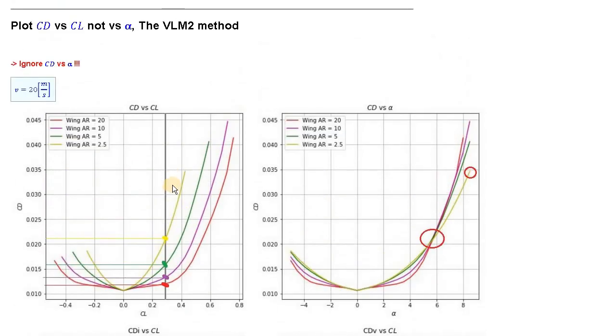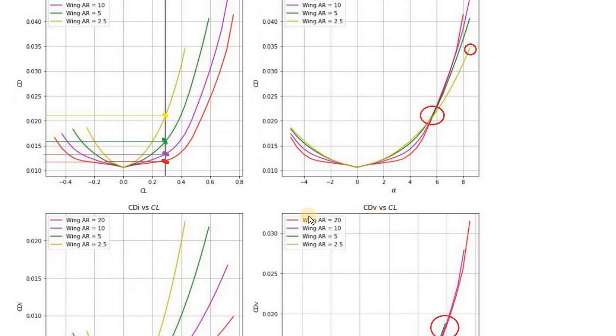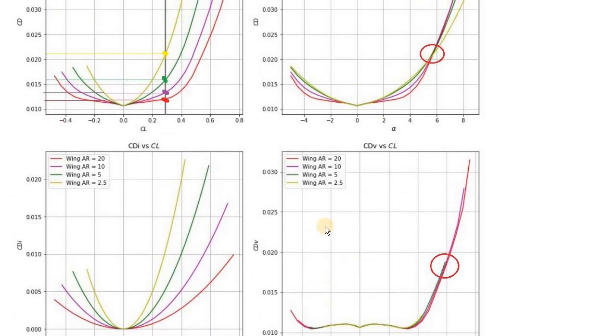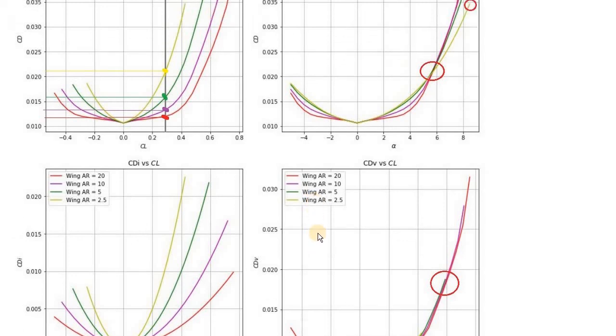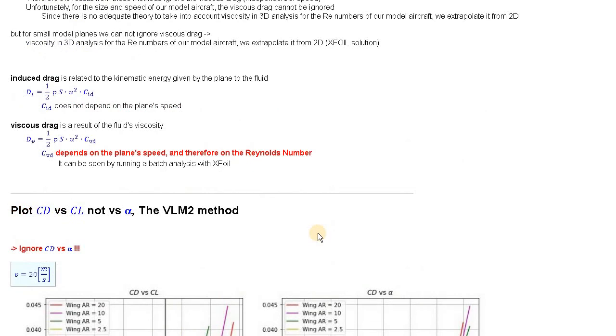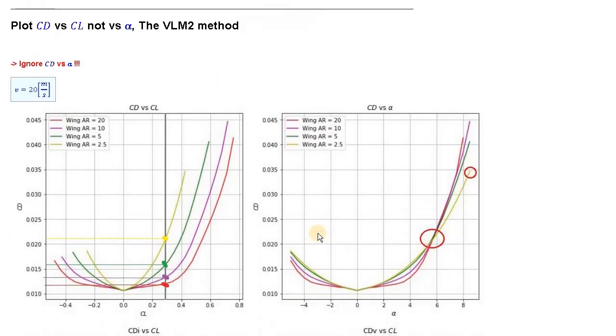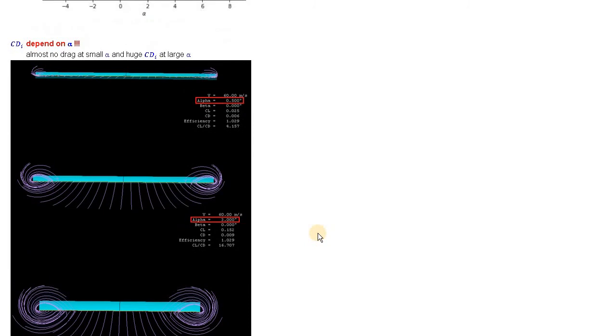And I think probably if we introduce the dependency of the viscous drag on the wing aspect ratio, it's probably not going to change the picture a lot. So maybe you would like to have shorter wings at high speed. It's hard to say, but it is what it is, and I think that we are ready for the next step.